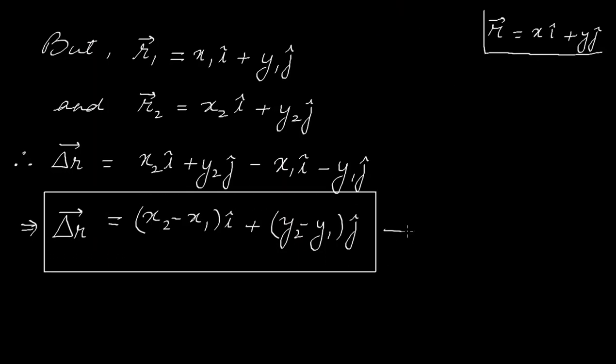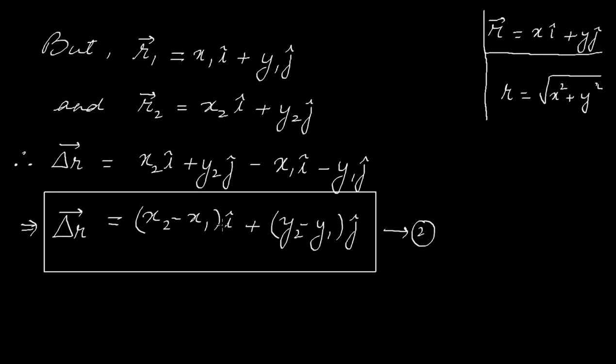All right, let's call this equation 2. Okay, so how do we find the magnitude of this displacement vector? Remember, when we found the magnitude of this fellow here, what did we do? We just take x square, add with y square, and put it under root. Yes or no? Coefficient of i, that means x, square of that, plus coefficient of j, that means y, square of that, under root.